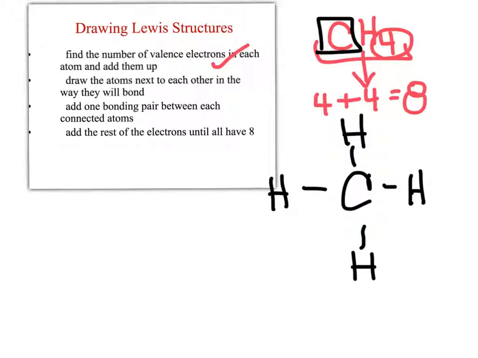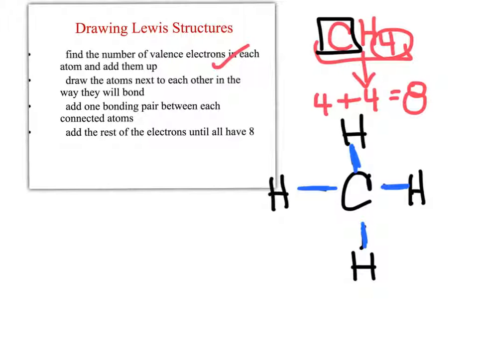Now we're going to figure out how many electrons we've already put into bonds. So we know that each line, each bond, is a shared pair of electrons. So we have placed 1, 2, 3, 4 bonds, meaning 2, 4, 6, 8 electrons.